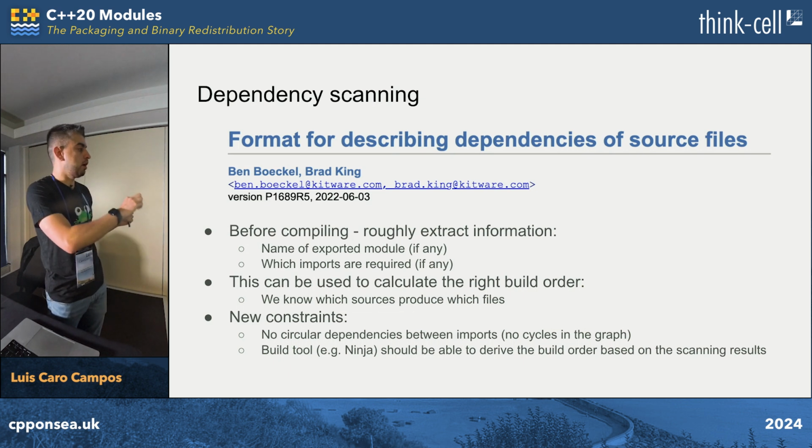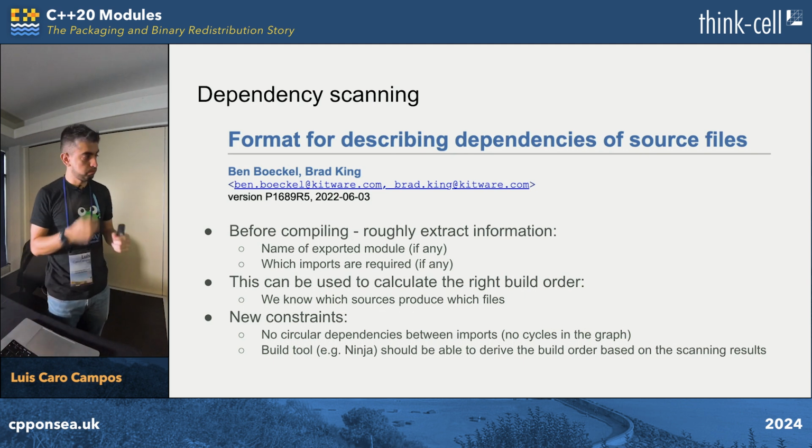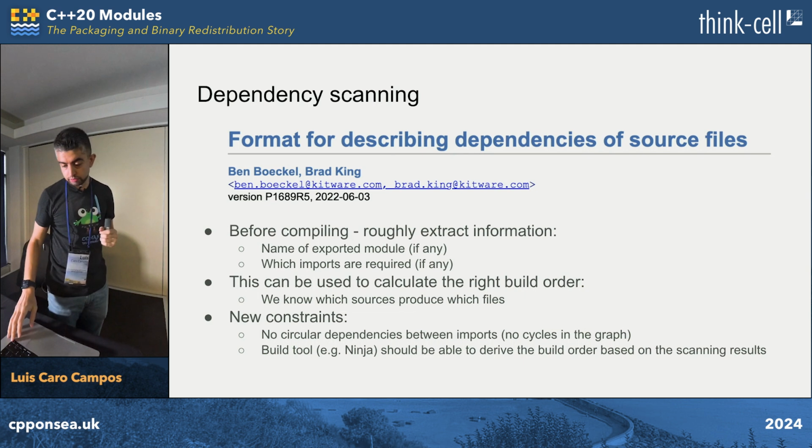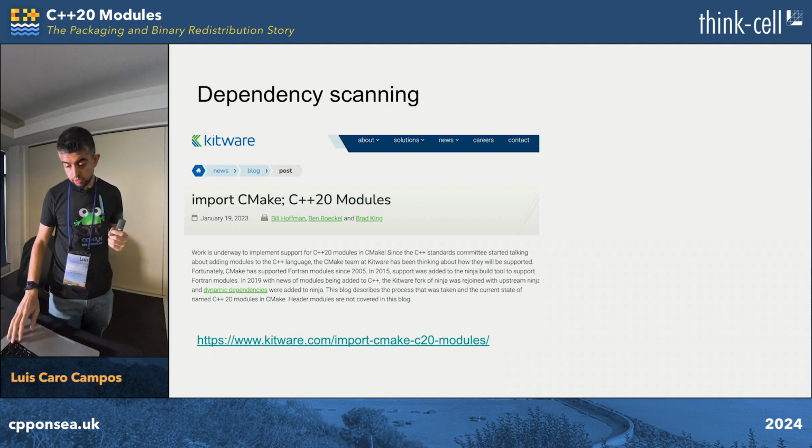So that's why this was added to Ninja, I believe, by the CMake developers, in order to support this method of reordering the build on the fly. And this was actually added to CMake, I think it was released last December in CMake 3.28.